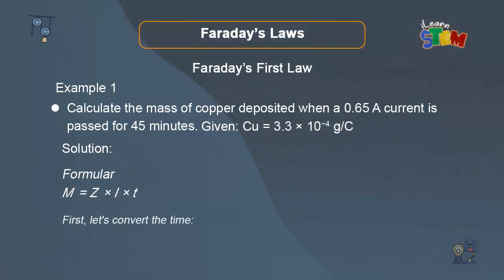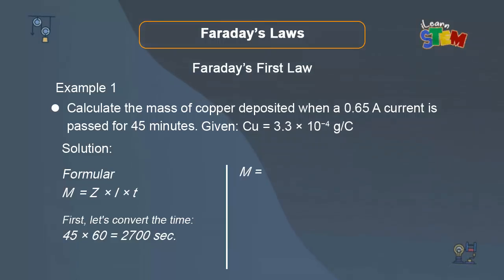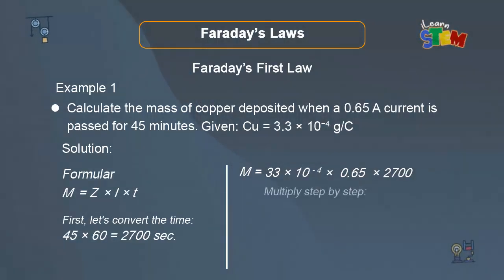First, let's convert the time. 45 minutes times 60 seconds is 2700 seconds. Now plug in the values. Mass equals 3.3 times 10 to the power of minus 4, multiplied by 0.65, multiplied by 2700. Multiply step by step.